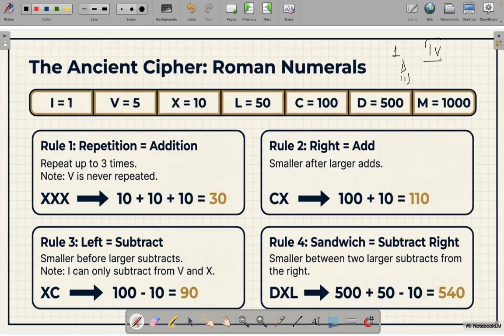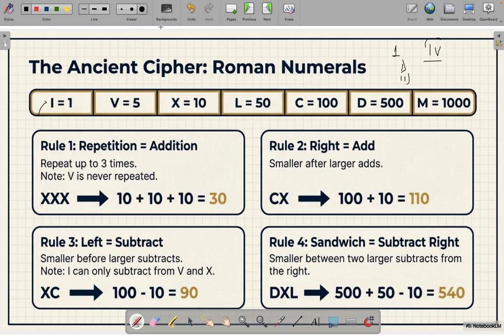So this is also one of the applications of Roman numbers. What Roman numbers do is use a certain set of letters to represent numbers instead of using digits alone. After the invention of the decimal number system, when we use the numbers from 0 to 9 to represent all the numbers, this was discontinued, but still we use it nowadays.